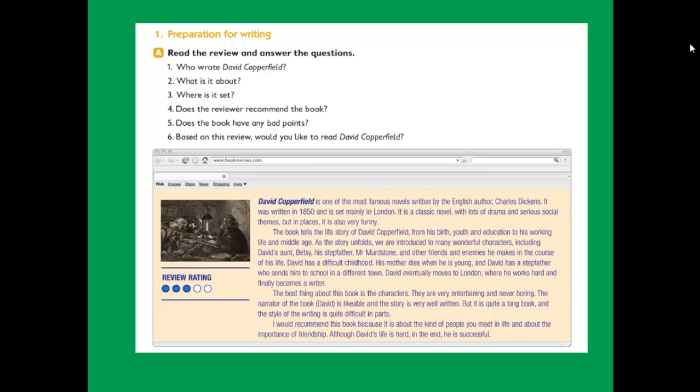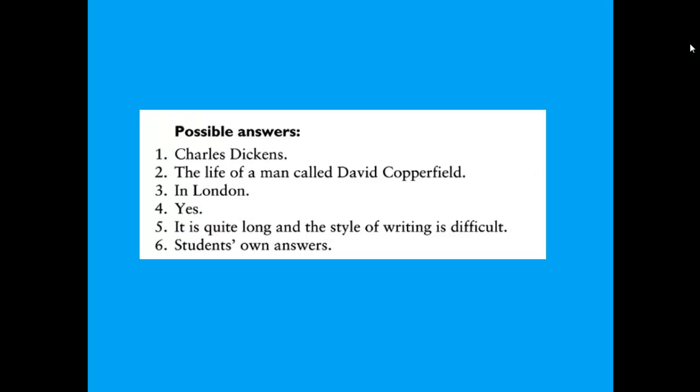I think so. Now, after reading, here are the answers in front of you. You can read them carefully and after that write them down in your books. So the writer is Charles Dickens, and the story is about the life of a man called David Copperfield, and it's set in London.